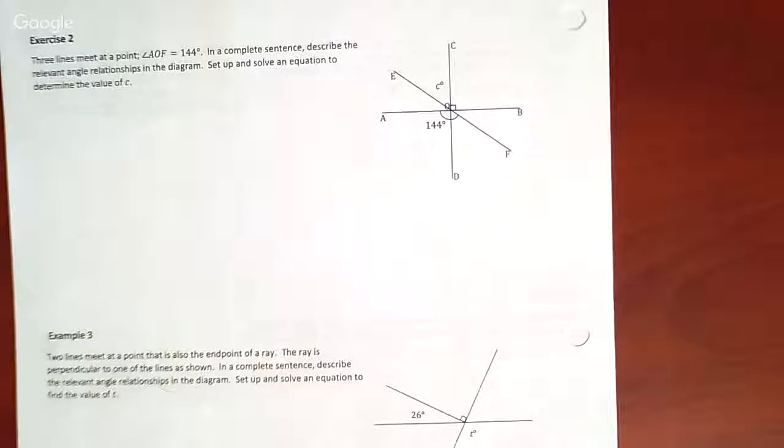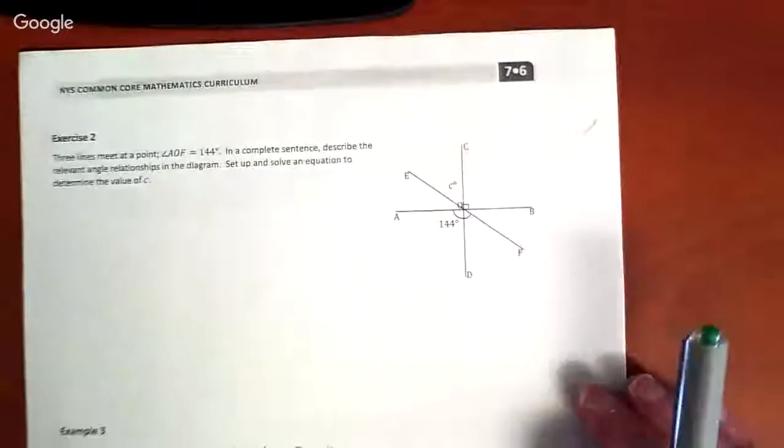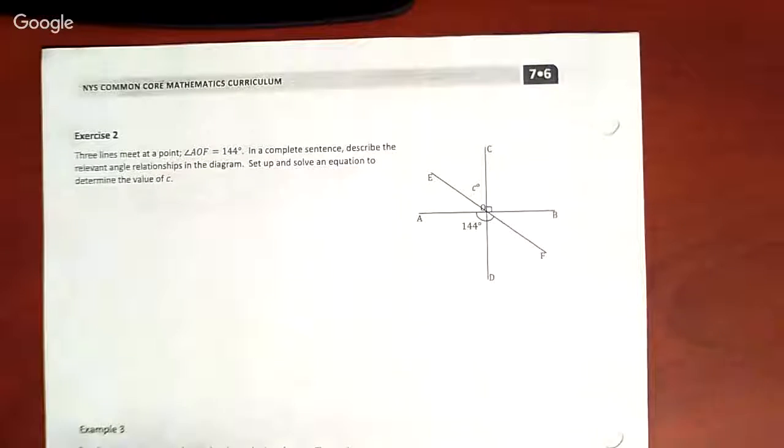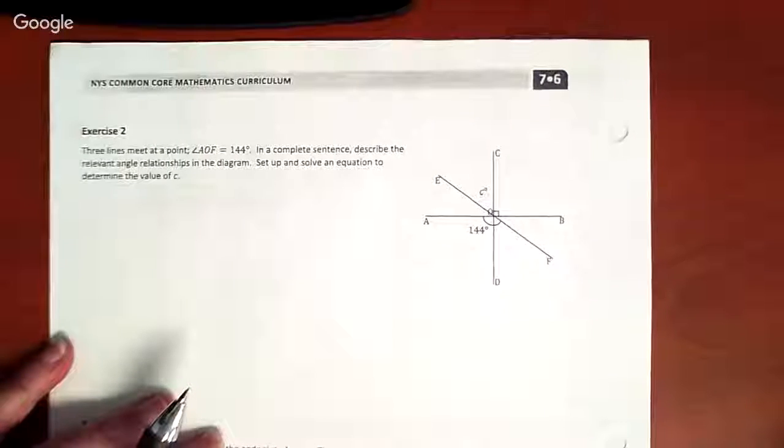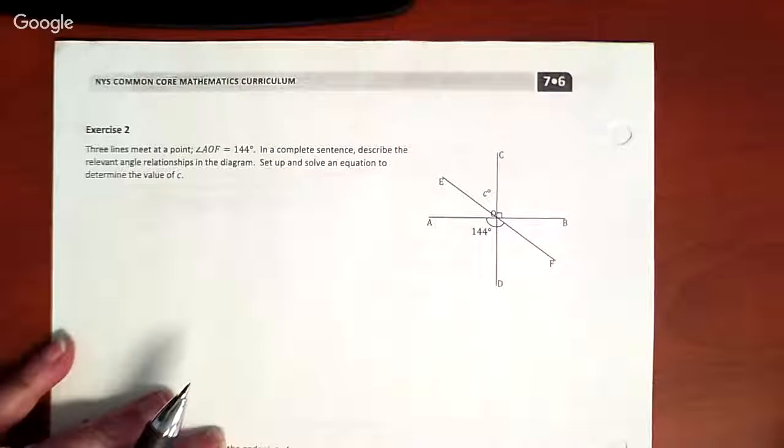Next, and our last one for right now, and here I'm going to show you with a marker. We have 3 lines that meet at a point. We have angle AOF equaling 144 degrees.